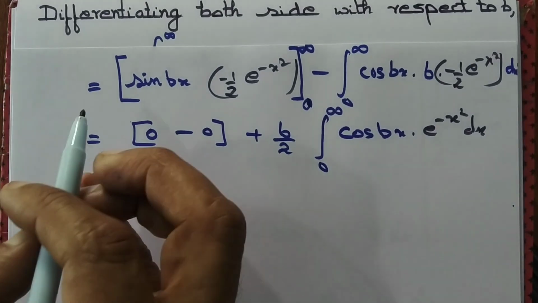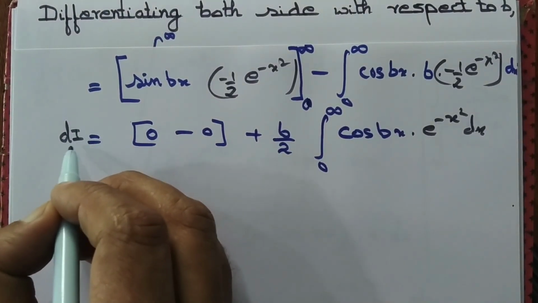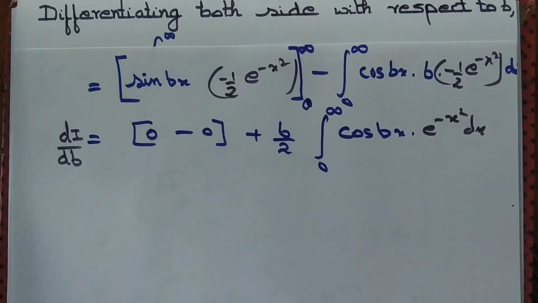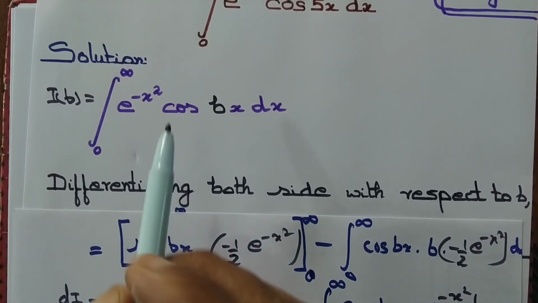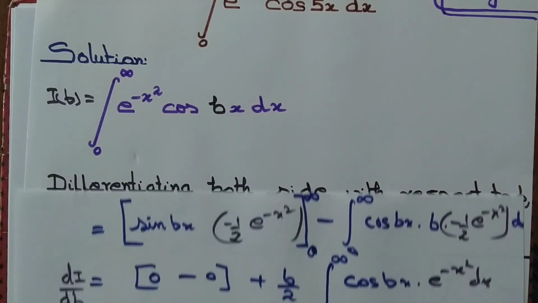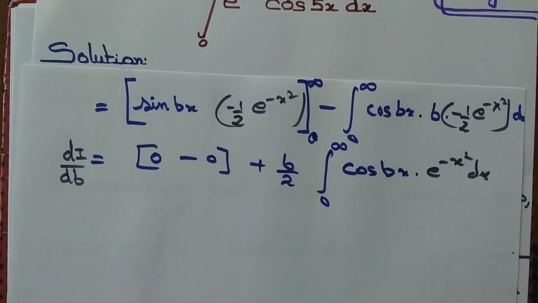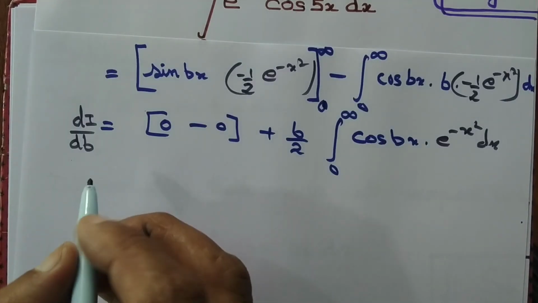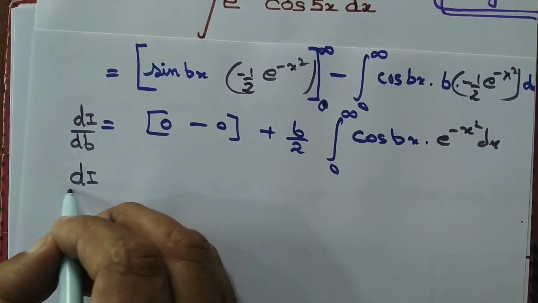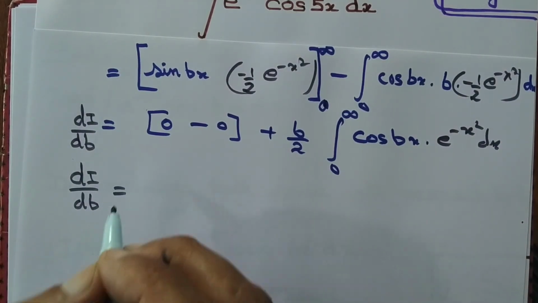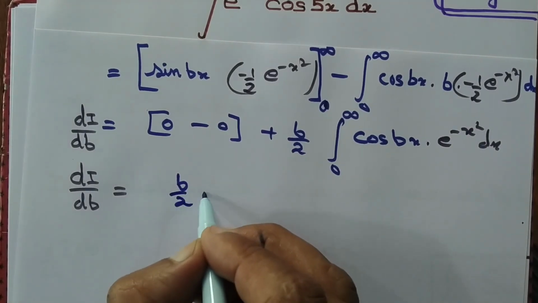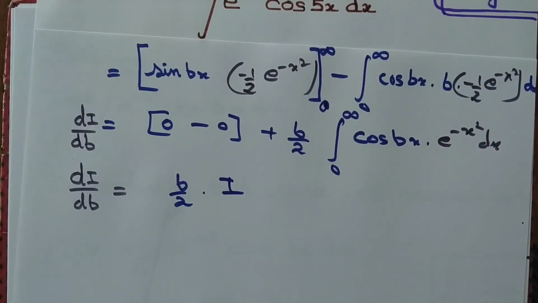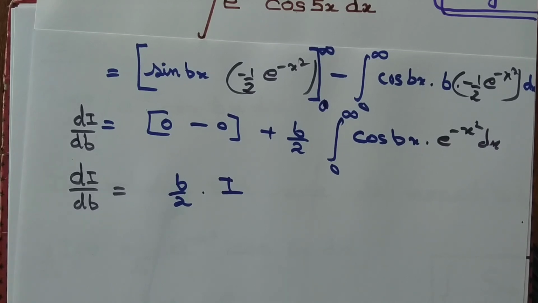So you find that dI/db, and further observe that this integral is same as what we are getting now. So we can write dI/db is exactly equal to b by 2 times I. We get a much simpler expression, right? Yes. Can we solve for I?